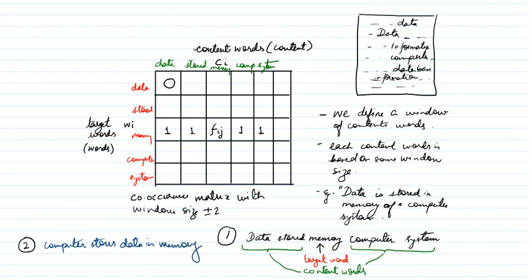When I remove the stop word, in will be removed, and we are left with computer stores data memory. Stores and stored will be converted into the same word by lemmatization. So we are left with 4 words.